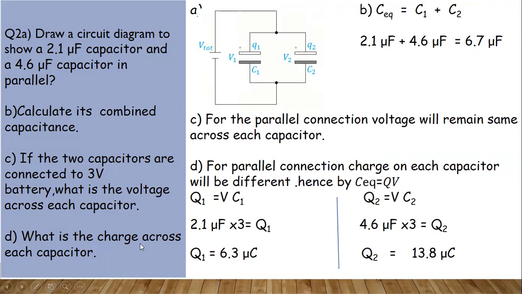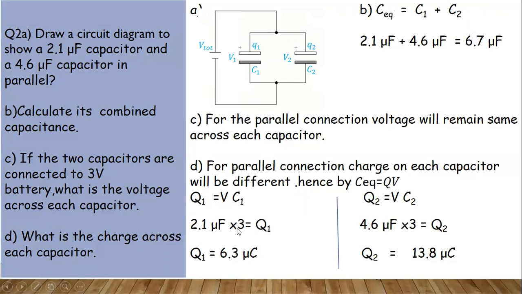Now, what is the charge across each capacitor? We know that the formula for charge is Q equal to V into C. So, for Q1, what is the charge on the C1 capacitor? Q1 is equal to V into C1 because V is the same for C2 and C1.